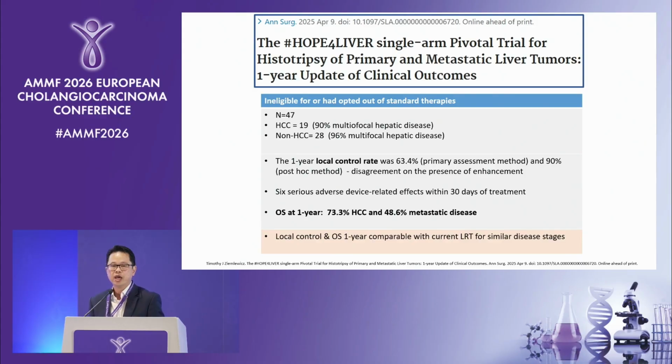The reason for that was uncertainty around the interpretation of post-histotripsy imaging findings, because it is a new technology and does not always equate to what we know, for example, from ablation. The one-year survival is about 73% for HCC and nearly 50% for other metastatic disease, and these are comparable to other current locoregional therapies for similar disease stages.